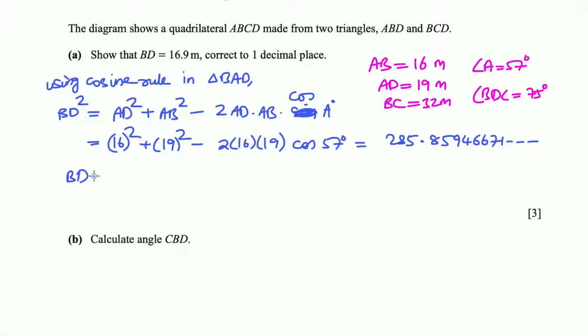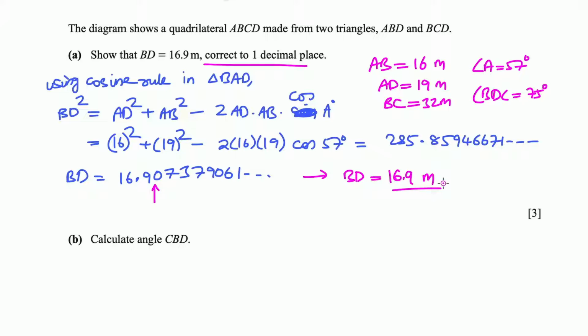Taking its square root, BD will be equal to 16.9073799061 and so on. They have asked for the answer correct to one decimal place, so we will cut it here. Since 0 is less than 5, the value will not change, and so BD will be equal to 16.9 meters.